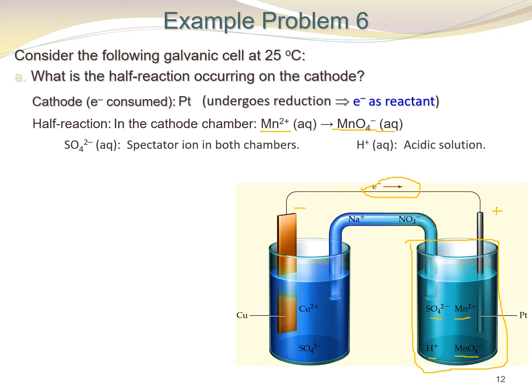H+ tells us we're talking about an acidic solution when we balance this half reaction. Like I said, it doesn't matter where we add electrons later, because at the very last step, we'll correct this half reaction so that it fits the cathode chamber. All right, so now in acidic solution, we have these 2 species forming a half reaction.